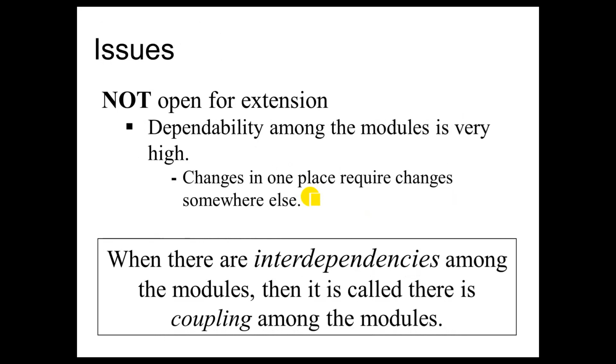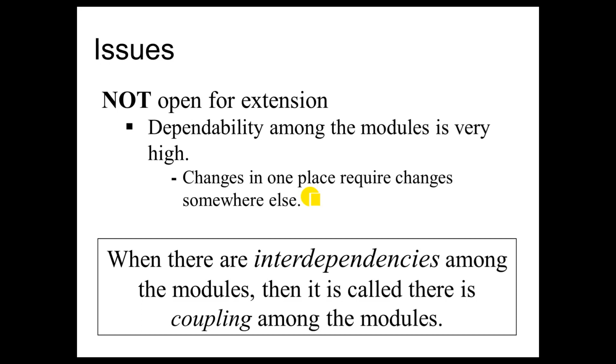So in this case, I can say that when there are interdependencies among the modules, then there is coupling among the modules, like husband and wife. We are depending on each other, so we have interdependencies. Similar to that scenario, when there are interdependencies among the modules, there is coupling among the modules.